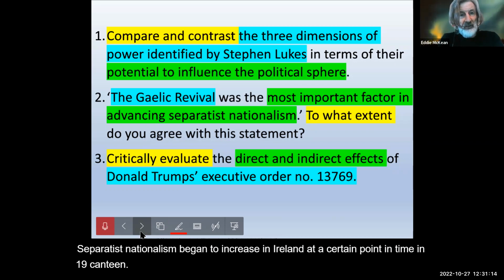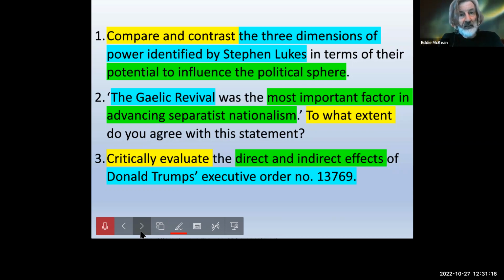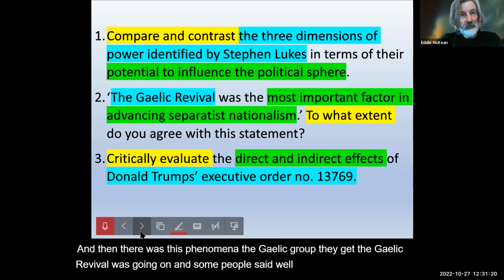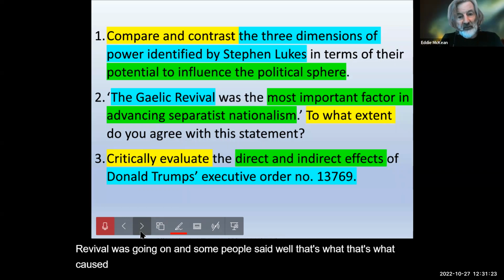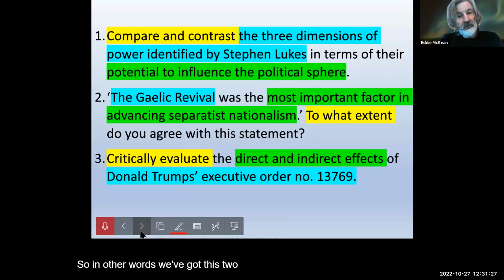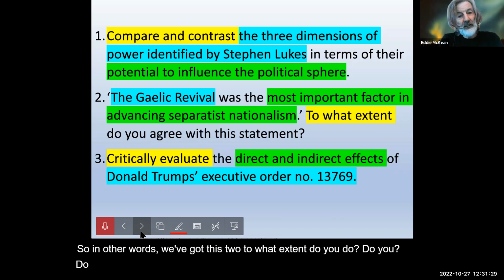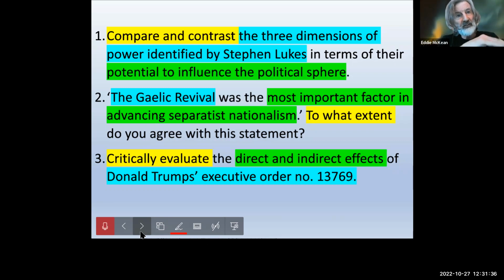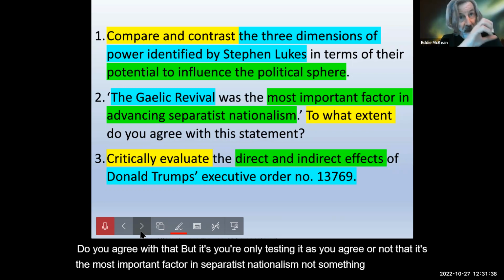And there was this phenomenon, the Gaelic revival, going on, and some people said, well, that's what caused all the separatist nationalism. So in other words, to what extent do you agree with that? But you're only testing whether you agree or not that it's the most important factor in separatist nationalism, not something else. That's the focus.